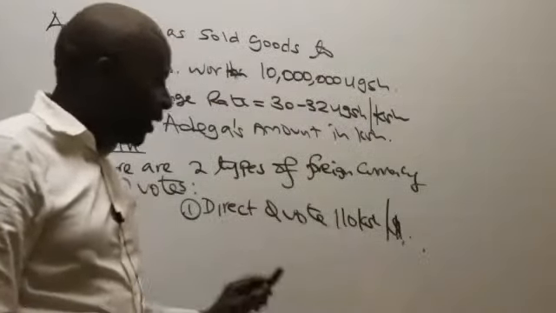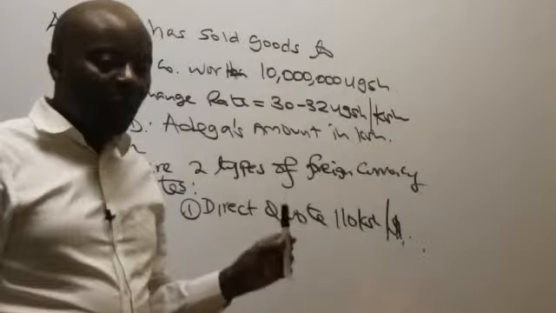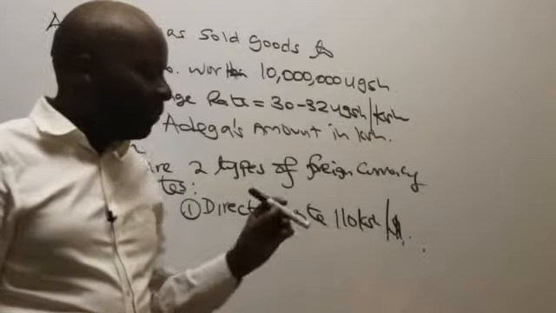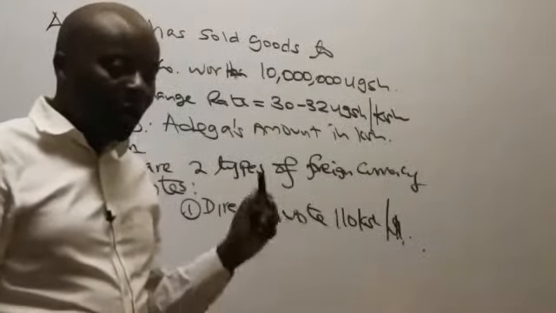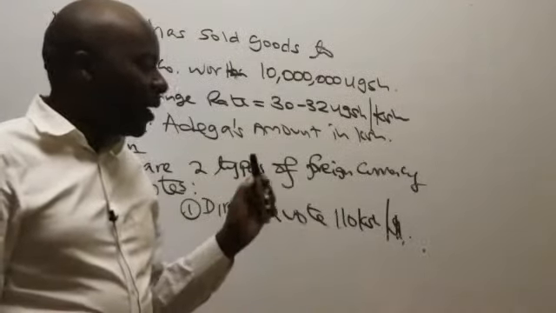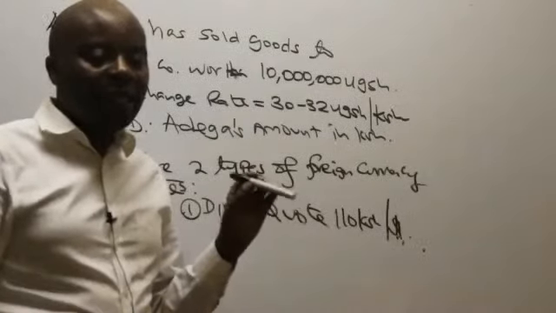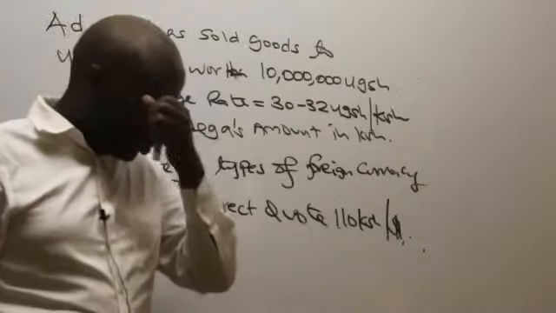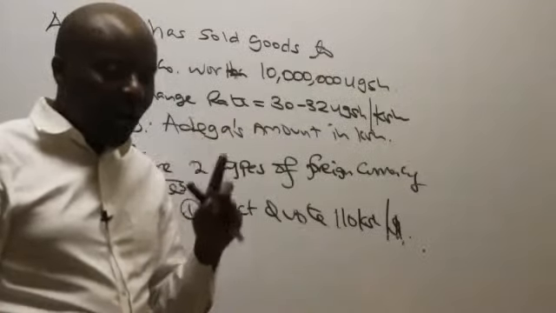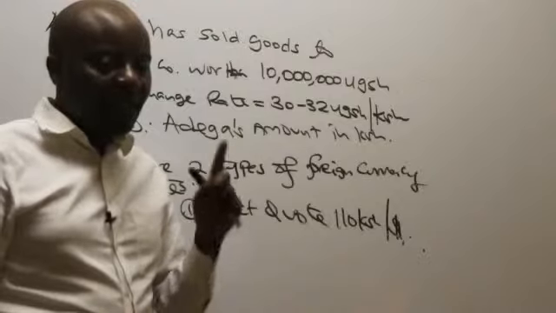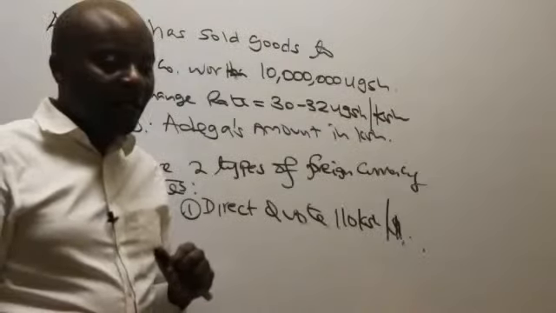Please write this, that for a direct quote, the amount of the local currency required to purchase 1 unit of foreign currency is given.